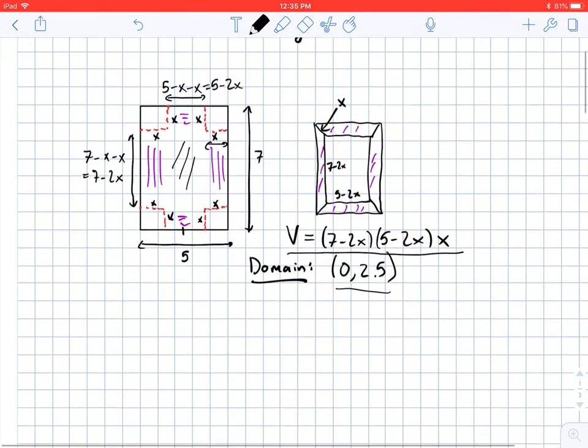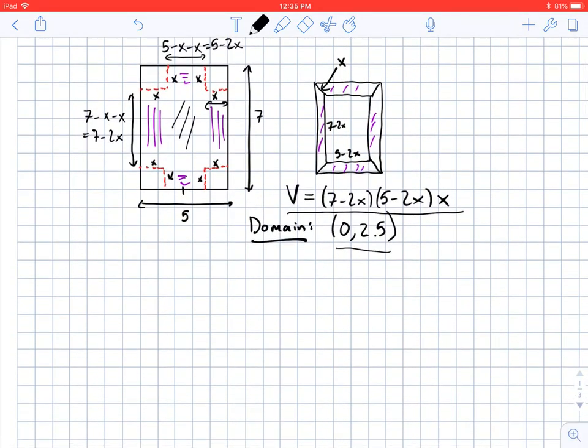So we know that the max values are going to occur when the derivative of the volume is equal to 0. So let's find the derivative of V. We have this product of 3 linear factors, so maybe it would be nice to actually know what that product was.